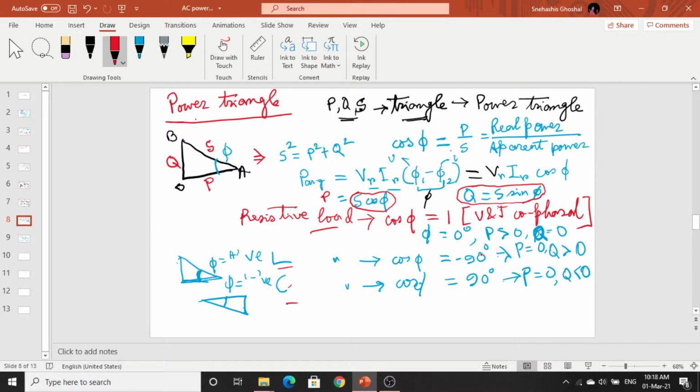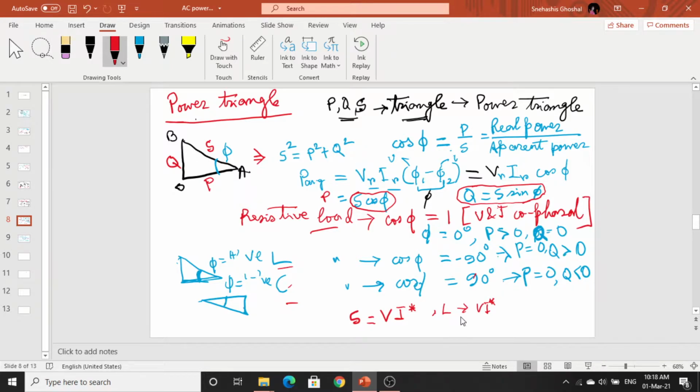And whenever we talk in terms of power conjugate, because what we know is that S is equal to V I conjugate, if we consider the inductive load, it becomes V I conjugate. So I is at minus 90, so V into I angle minus 90, take the conjugate of minus 90, so it becomes plus 90. So that's why Q greater than 0.